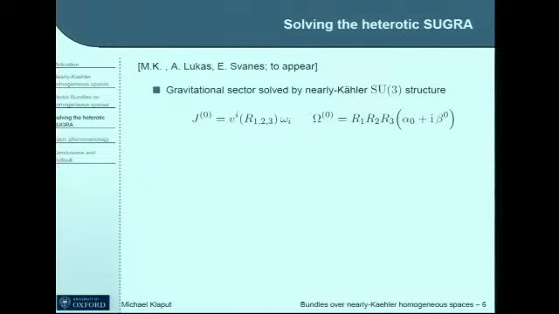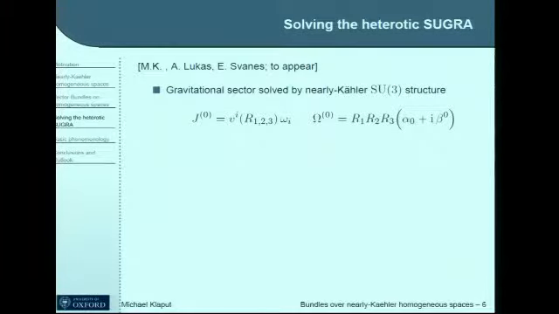The other cases look very similar. So you get the Kahler form with Kahler moduli V_i, which will be functions of these parameters R1, R2, and R3. And then you have the equivalent of the holomorphic 3-form in a Calabi-Yau, and that also contains these parameters.